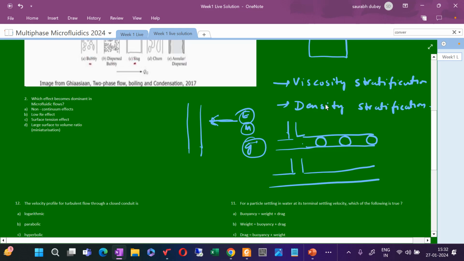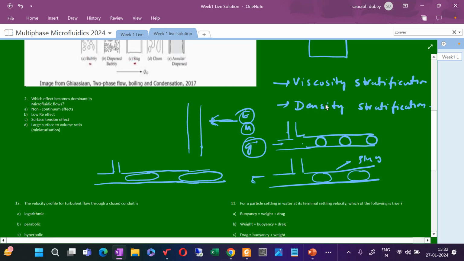The difference is that a plug is of this dimension, and if it is a slug, the lateral dimension will be more. This is slug, with big capsules.